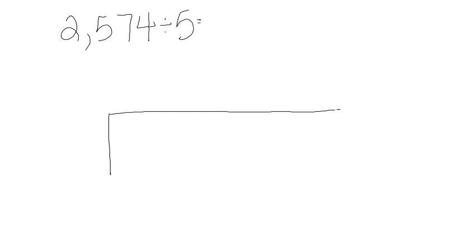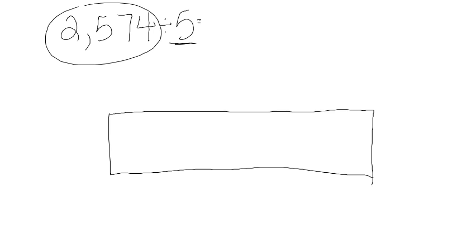Remember, when we are doing area model, we are not splitting this up into groups based on what the divisor is. We are splitting up our area model based on place value of the dividend. This dividend goes all the way to the thousands place. So we are going to start with thousands, okay?